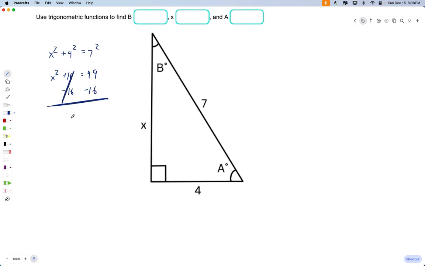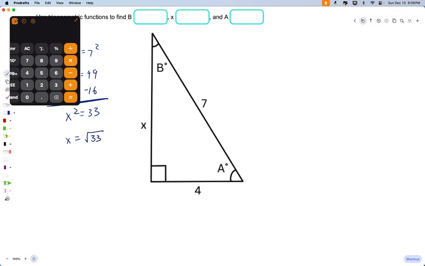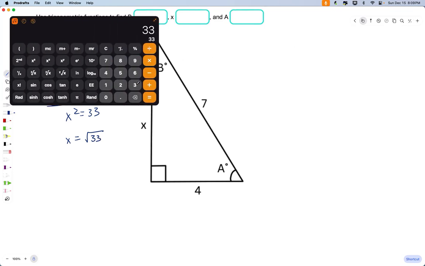X is equal to the square root of 33. And we need to have that as an actual number. So I'm going to put that in here. So 33 square root. All right, I am not going to round this at all. 5.744563.